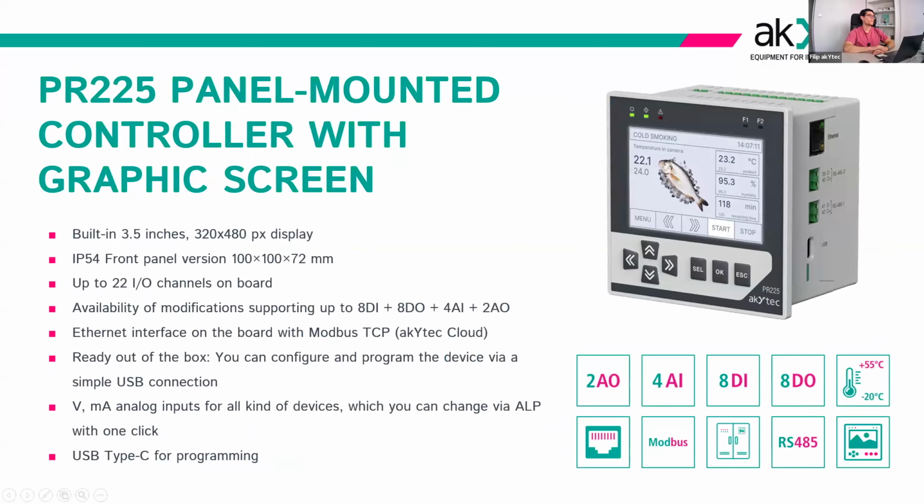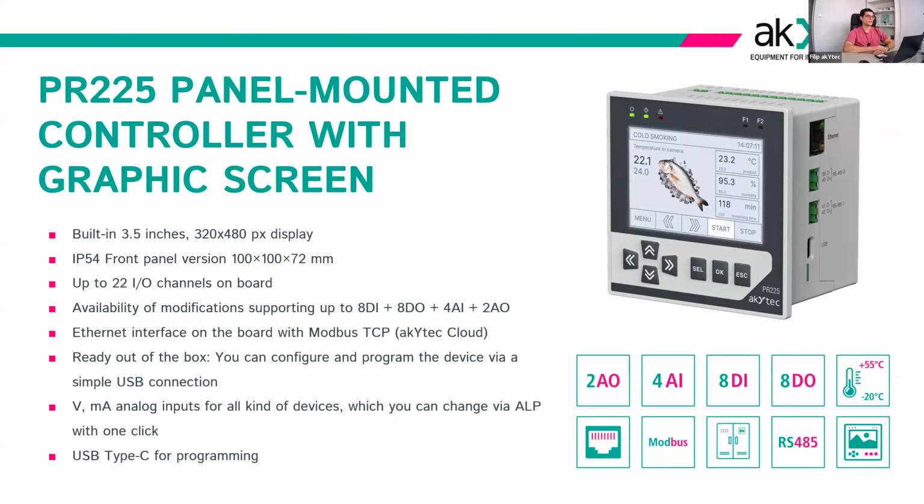Okay, we finish up with PR205. Let's move over to the PR225. This controller is similar in many ways to the PR205, but it is designed for panel mounting instead of DIN rail mounting.